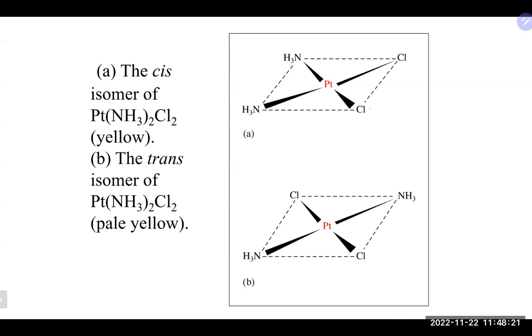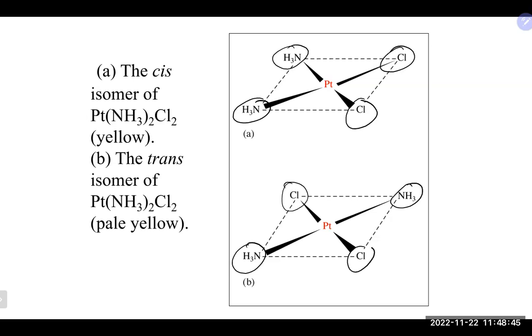So within this plane, the top one is the cis isomer. We can look at our NH3 groups. They're on the same side of the plane. And you can even look at the chlorine groups as well. They're also on the same side of the plane. When we look at the trans one, we have our NH3 groups on opposite sides of the plane.